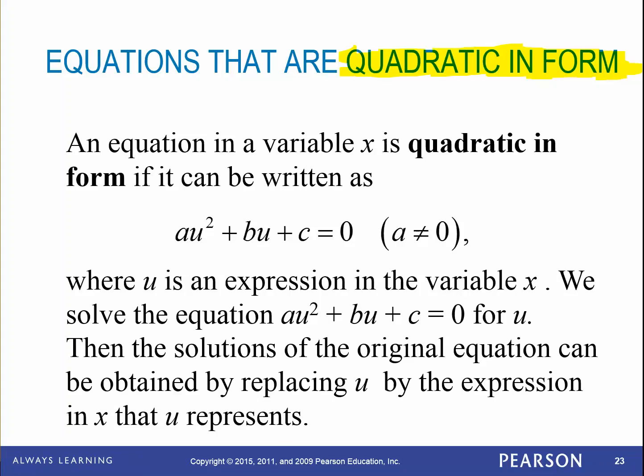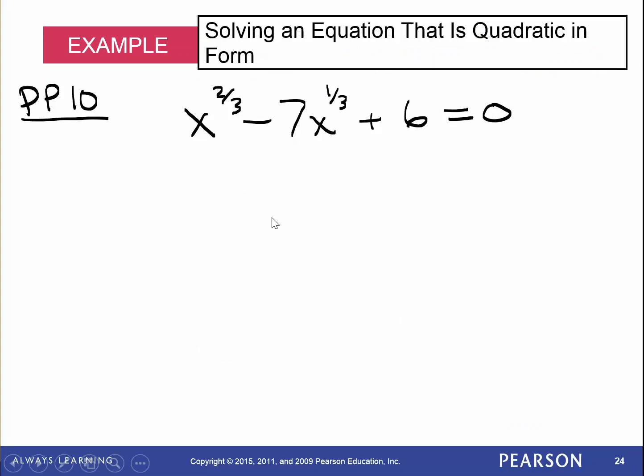So let's go for it here. I'm going to try to solve this guy. Alright, looking at this one here, notice you have something taken squared and then taken a cube root.